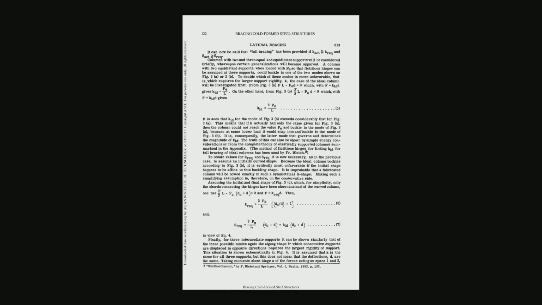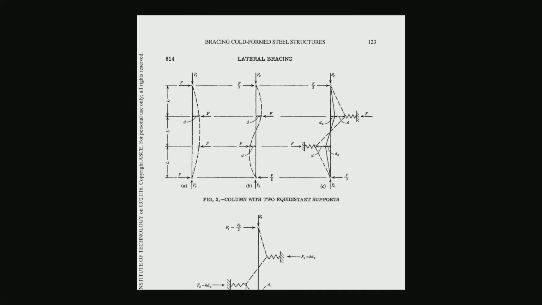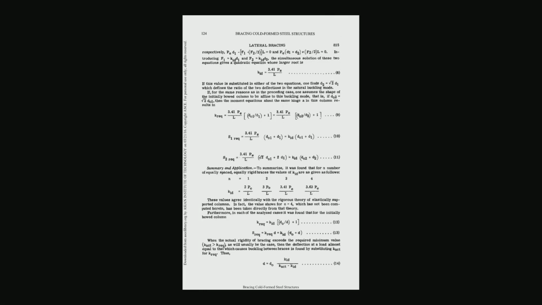Then they extend the idea into the cases where you have more than one support at the mid-span, between the top and the bottom supports. And it ends up at the case where you have like 4 equidistant supports. So this is given in here.